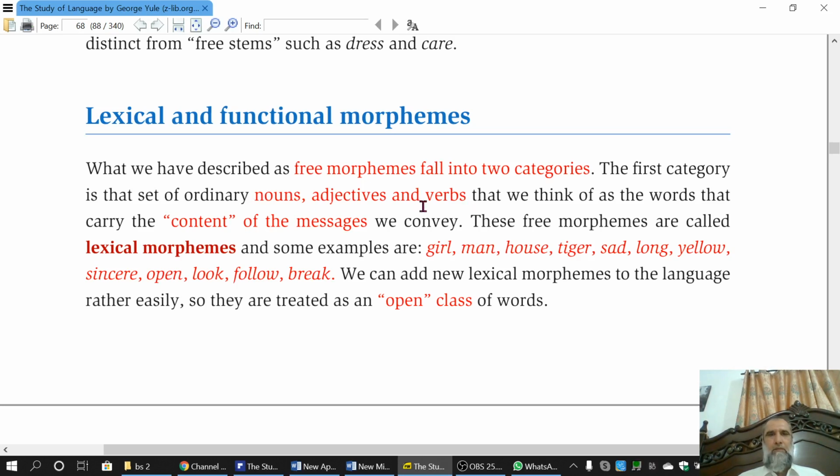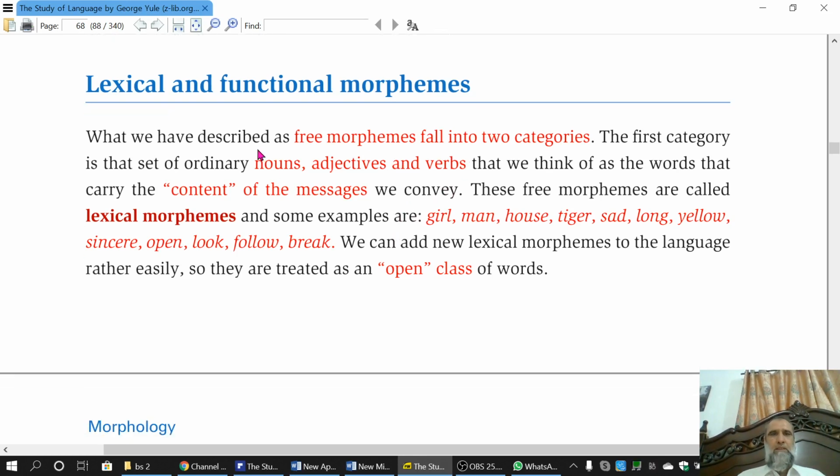These are the morphemes which actually contain the content of the messages. That is, the meaning of the messages is actually found in these free morphemes, which is the first category. This category, which forms the content of the messages, is referred to as lexical morphemes.